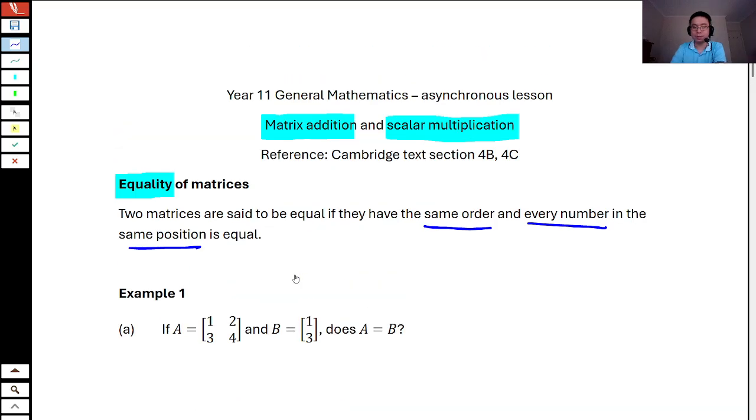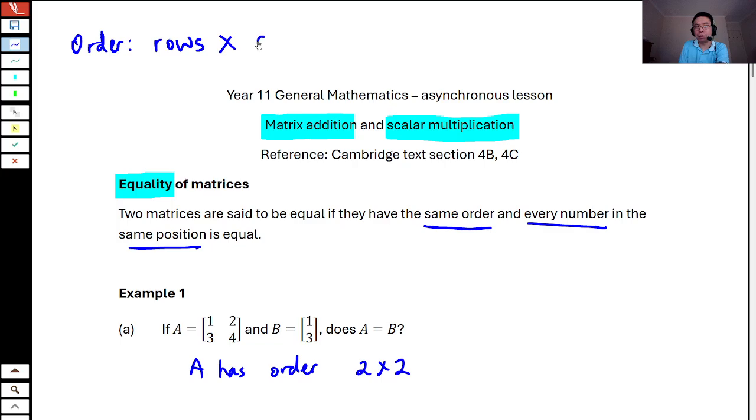In this first one, I have a matrix that has order 2 by 2. Remember, order is written by number of rows times number of columns. The matrix B has 2 rows and 1 column, so the order is 2 times 1.